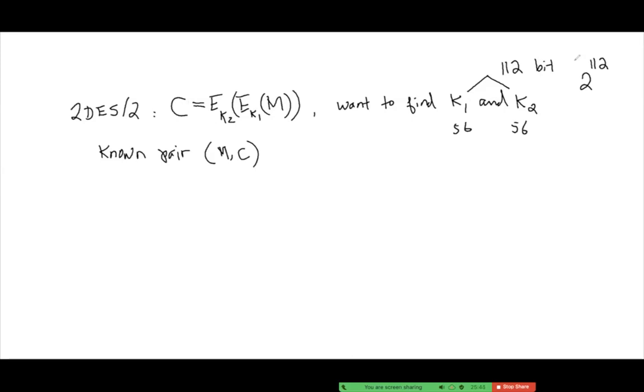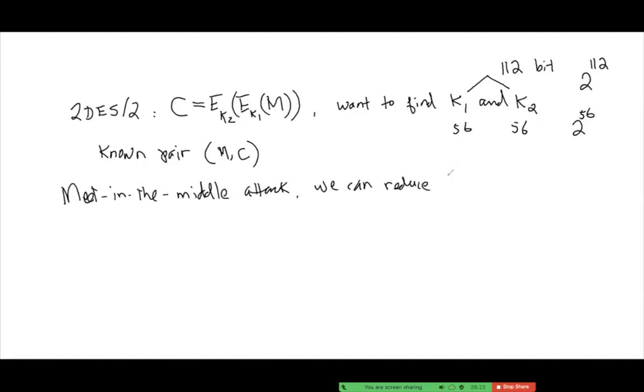But then, of course, a single key is 2 to the 56, so there is a huge difference. But using meet in the middle attack, we can reduce this complexity tremendously.